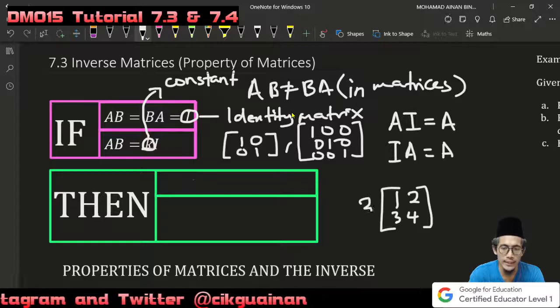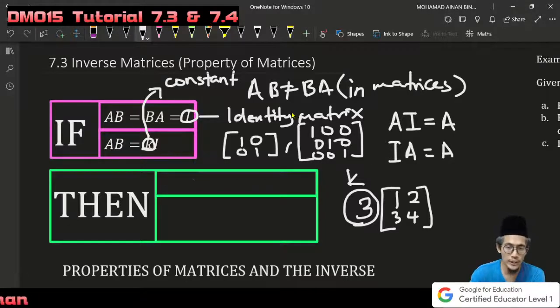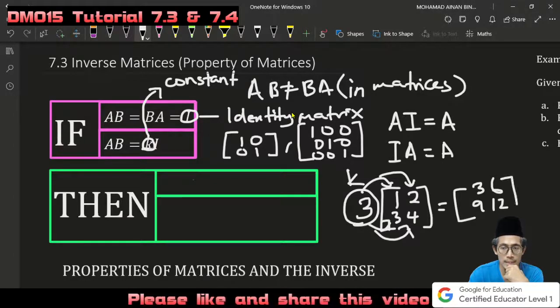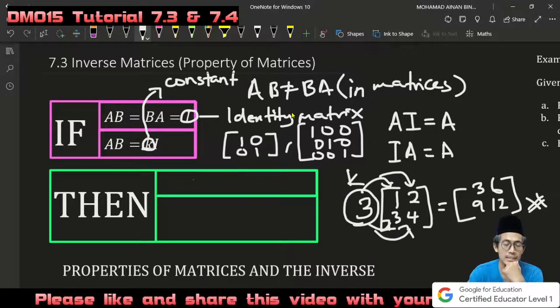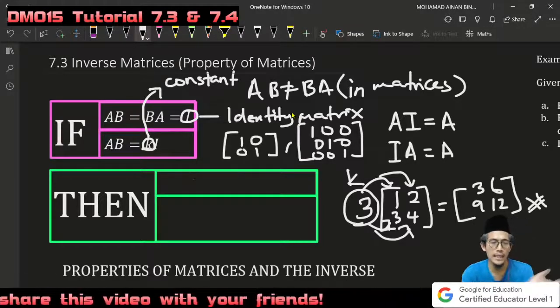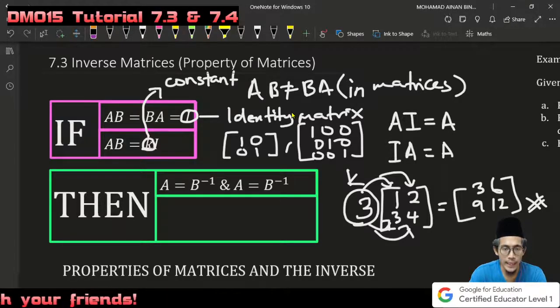Katakan kita ada 3 dekat depan sini, jadi over here this is the K. Jadi as you can see over here, macam mana kita nak buat ni? So 3 ni kena multiply in each of the element in the matrix. So that's why kita akan dapat 3, 6, 9, 12. We have to be careful. Jangan main darab aja nanti tak faham. Now, then A, ni saya salah type. Saya betulkan.